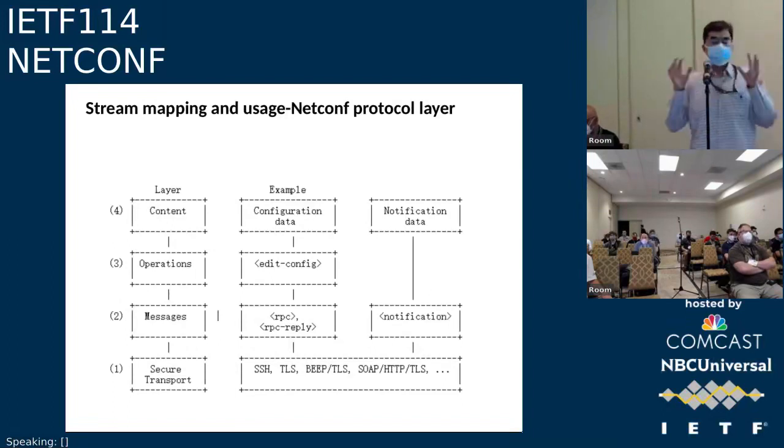So here we will talk about some more details about those connections. In order to do that, we show the protocol layers of Netconf, which are described by RFC 6241. Netconf has four layers: content layer, operations layer, messages layer, and secure transport layer. Here we focus on the communications between the manager and the agent.